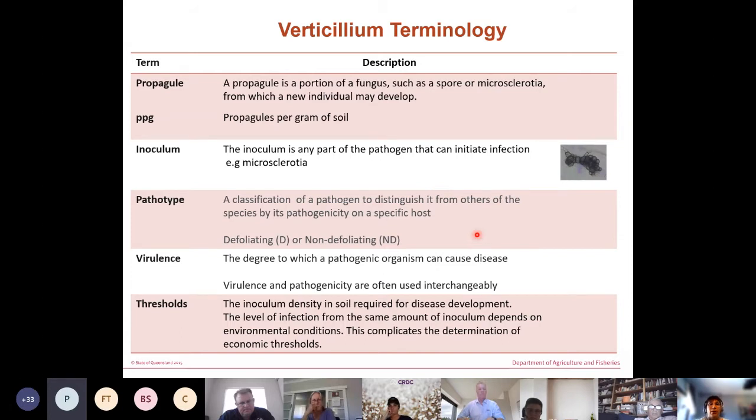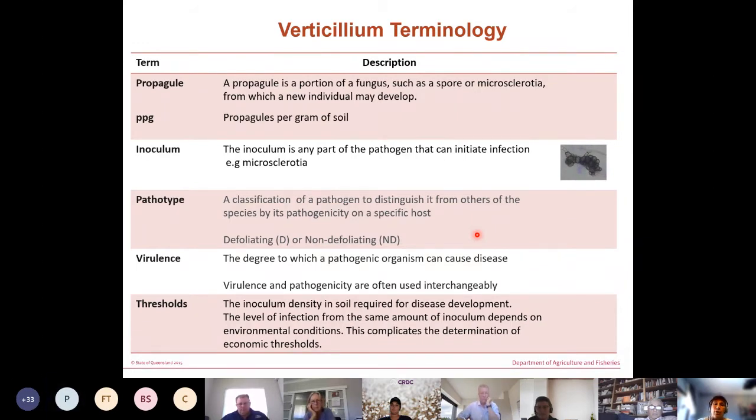Pathotypes. So I mentioned the genus and species, and the species is dahliae, but we can further divide the pathogen into these pathotypes. And the classification is a way of distinguishing it from others based on the pathogenicity on a specific host.